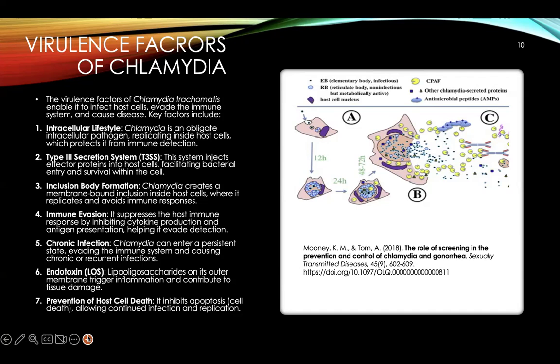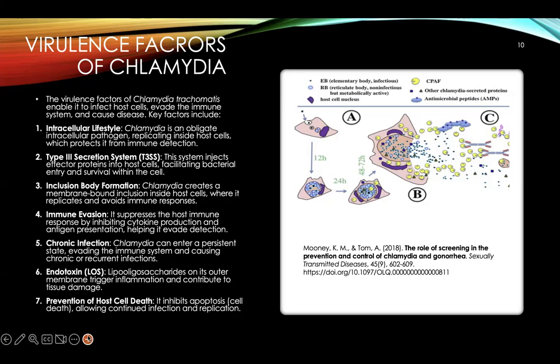Another virulence factor is the inclusion body formation. Chlamydia creates a membrane-bound inclusion inside host cells where it replicates and avoids immune responses. Immune evasion, it suppresses the host immune response by inhibiting cytokine production and antigen presentation, helping it evade detection.